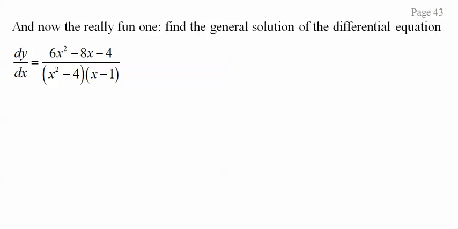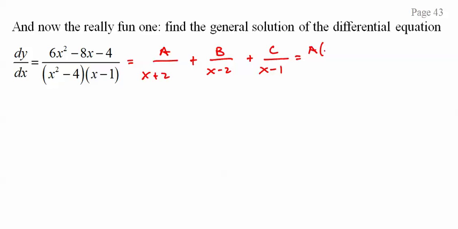Here's a nasty one. It goes to 3 variables. So we get a over x plus 2 plus b over x minus 2 plus c over x minus 1 equals a times x minus 2 times x minus 1 plus b times x plus 2 times x minus 1 plus c times x plus 2 times x minus 2.